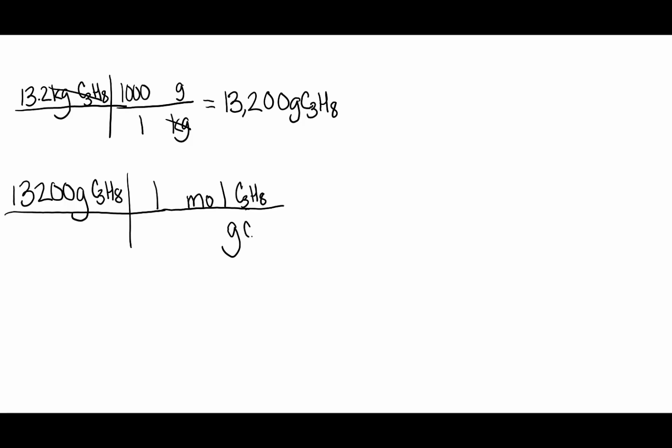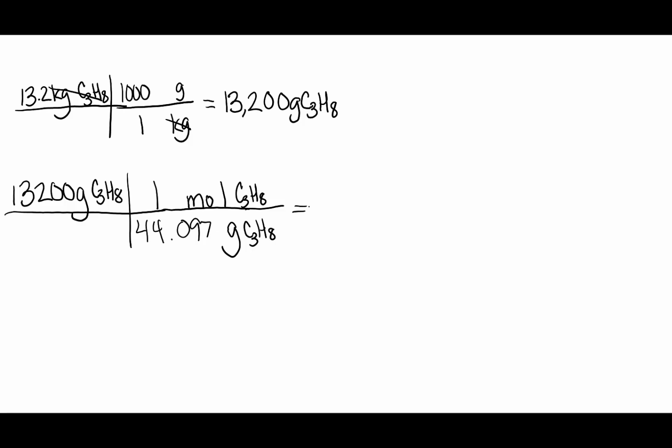And to get the grams, we have to go to the periodic table. We add up the molar mass of 3 carbons plus the molar mass of 8 hydrogens. So 12.011 times 3 plus 1.008 times 8, and we get the molar mass is 44.097.